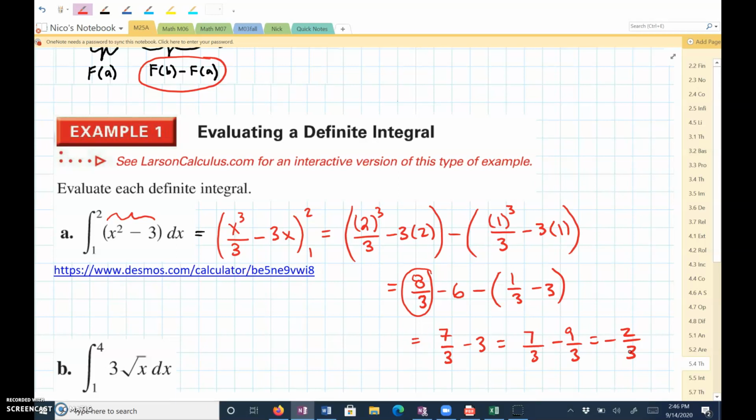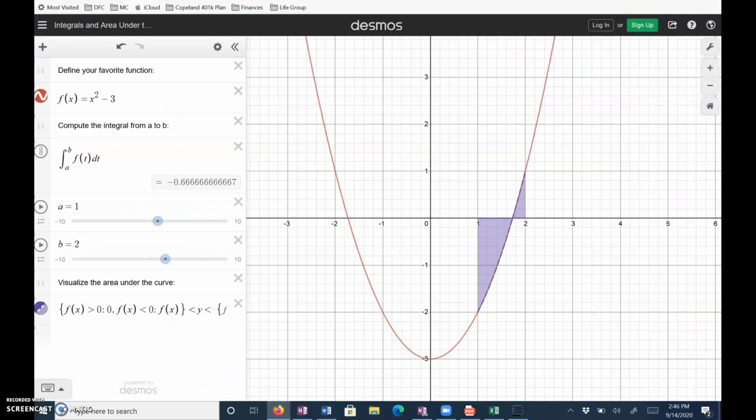All right, let's compare that with this. So here's the function, x squared minus 3. There's the function right there. We're going to integrate that from a to b, where a is 1, b is 2. The area underneath the curve would look like this.